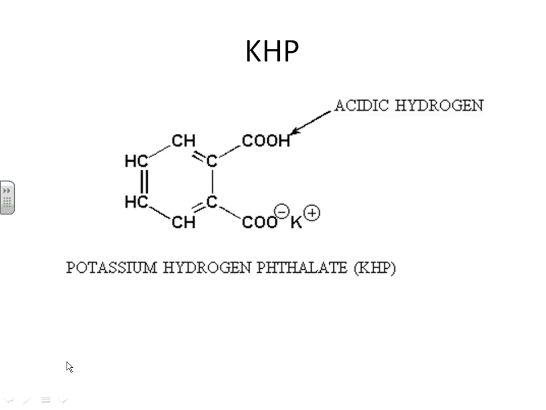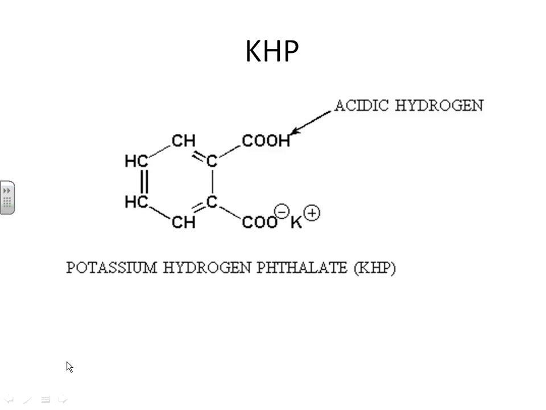The acid that we're working with is KHP. Potassium hydrogen phthalate, KHP. The important things that you need to know about KHP, first of all, here's the structure. You will need to determine the molecular weight of KHP, which I'm not going to do for you because you are capable of adding numbers on your own.